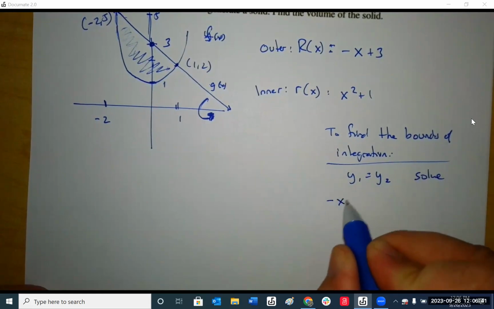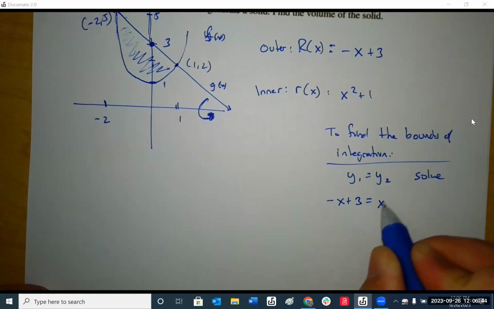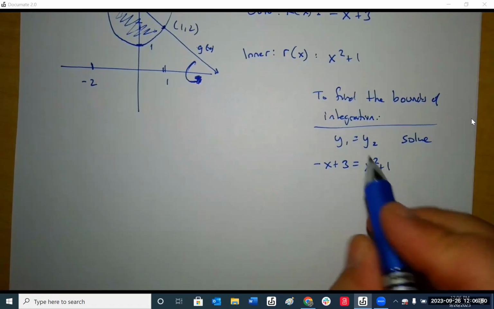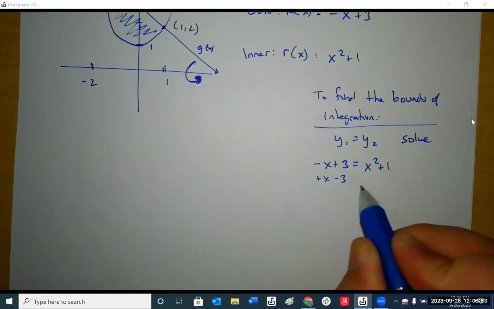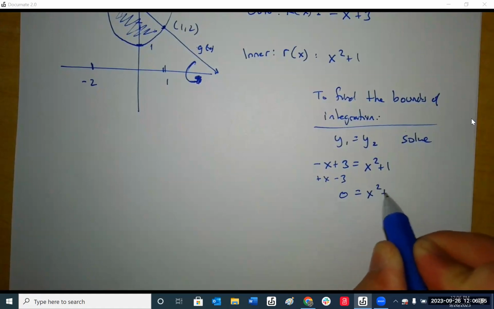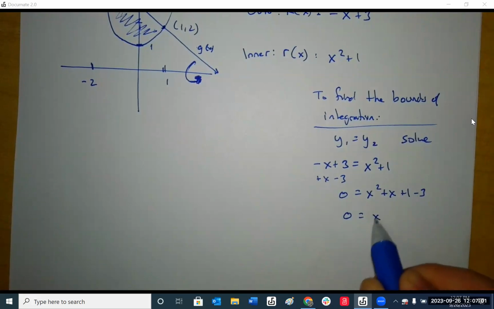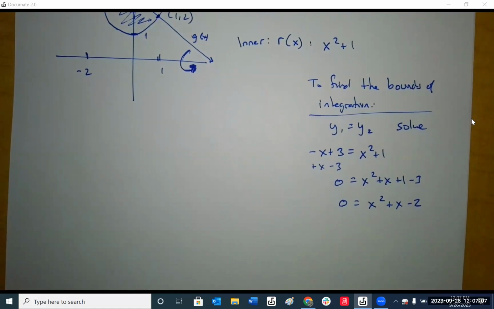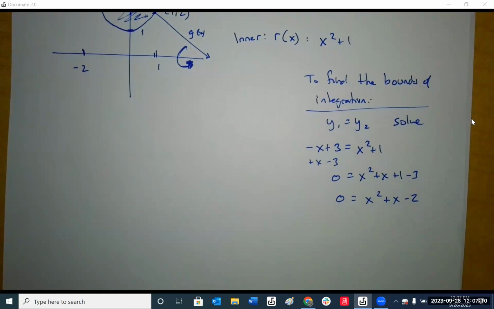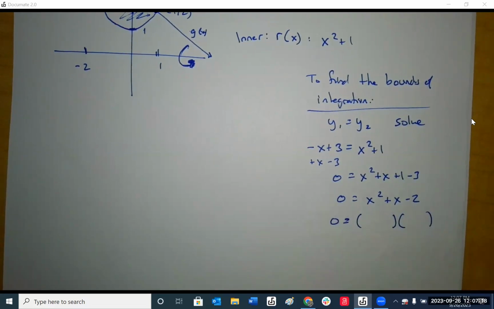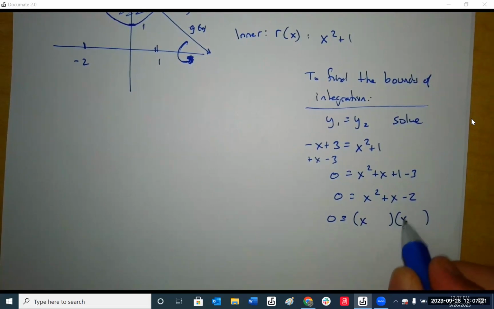So we get negative x plus 3 is equal to x squared plus 1. Since it's a quadratic equation, we have to move everything over. So we get x squared plus x minus 2. If you can't factor it, then use the quadratic formula.